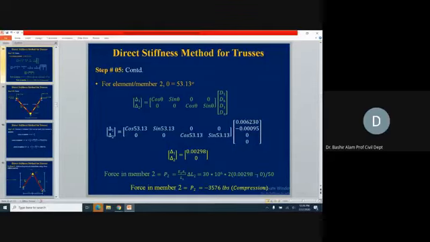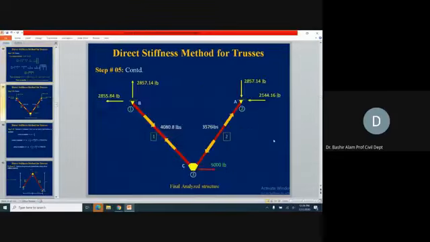So delta 2 is 0 minus this 0.00298, and this is our L2. So when we run this number, this is how we get this negative force. So member 2 force already we found by using this standard procedure.